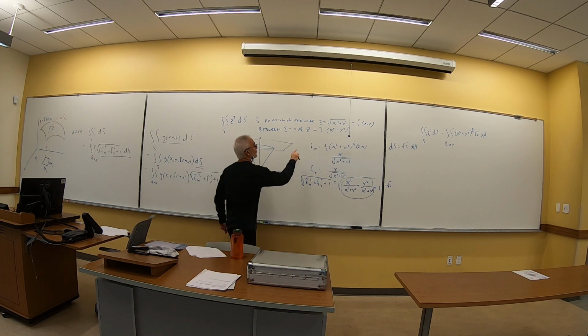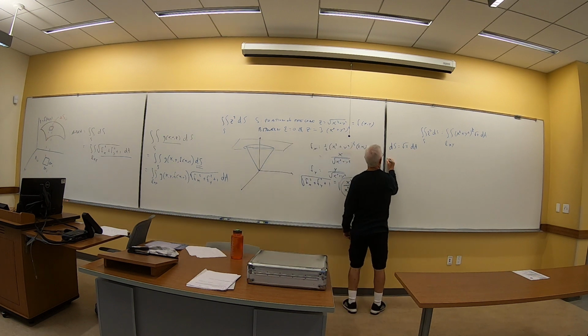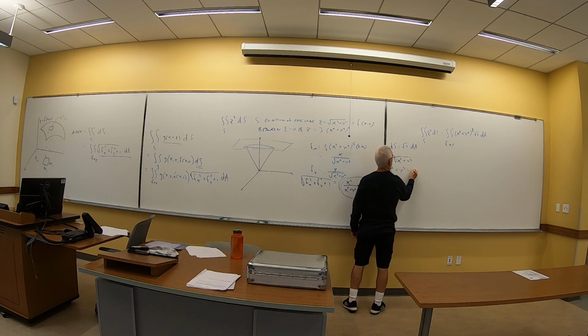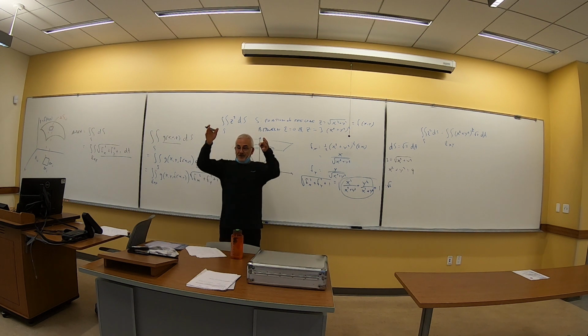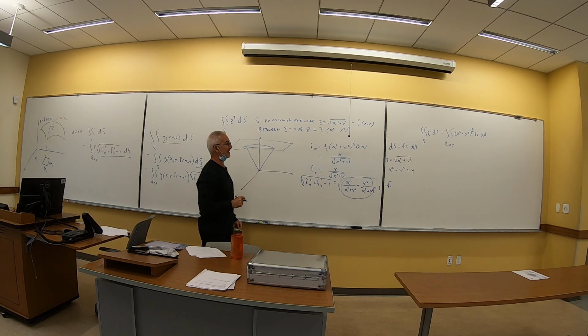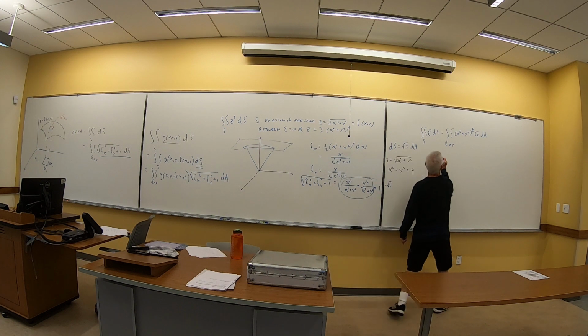If z equals 3, then my top circle is what? 3 equals the square root of x squared plus y squared, or x squared plus y squared equals 9. That's what you see. That is the region that's projected into the xy plane. Well, clearly, between the integrand and the region, we're going to go polar. Agreed? So if we go polar, what does this become?